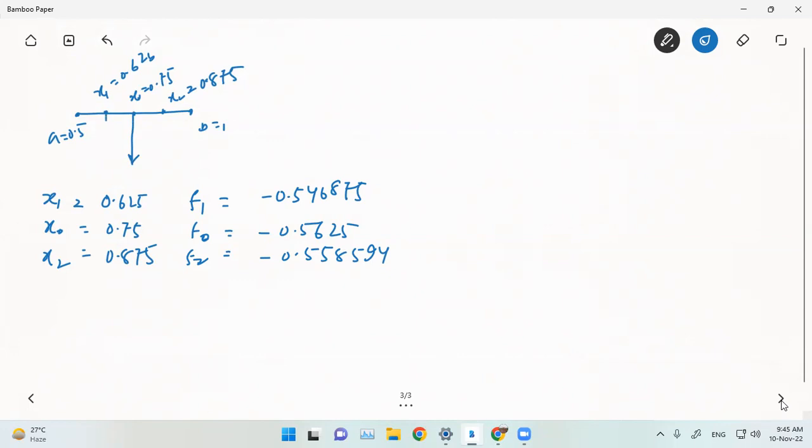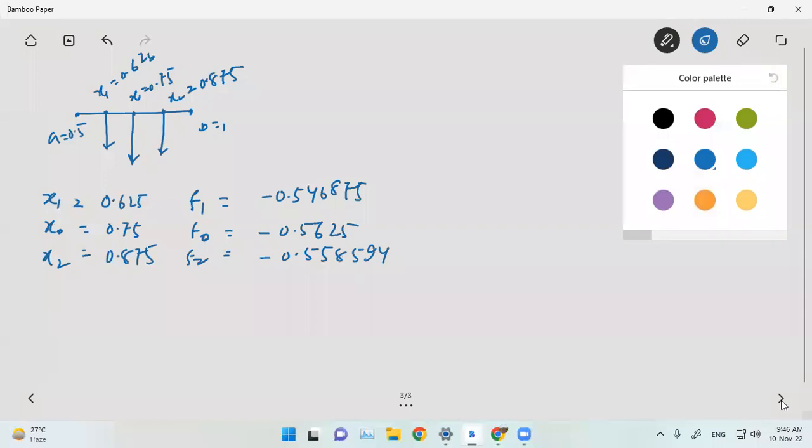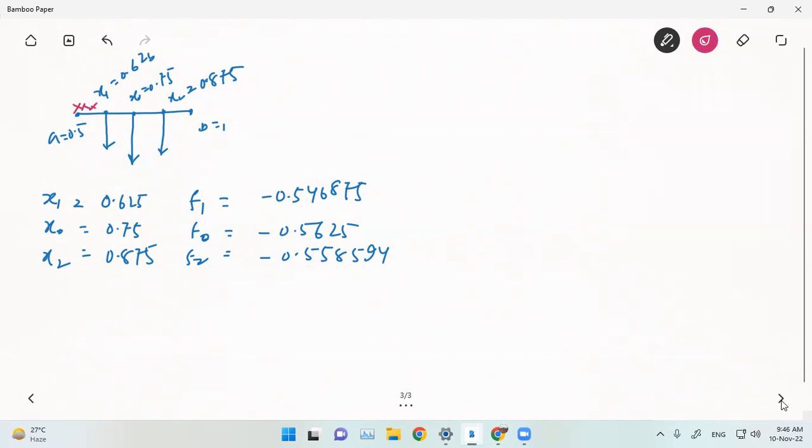Then we have a slightly higher value here, and hence this will also be the case. So under this circumstance, we actually have to eliminate these two sides. Our minimization point is actually in the middle, so the other two sides will be discarded.